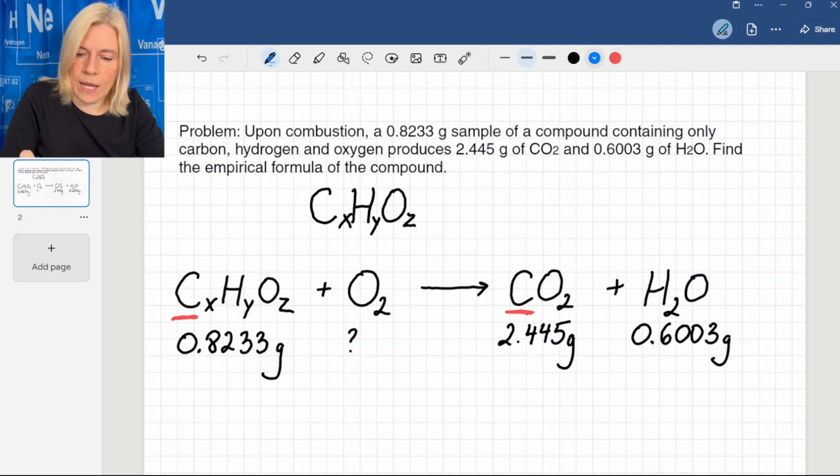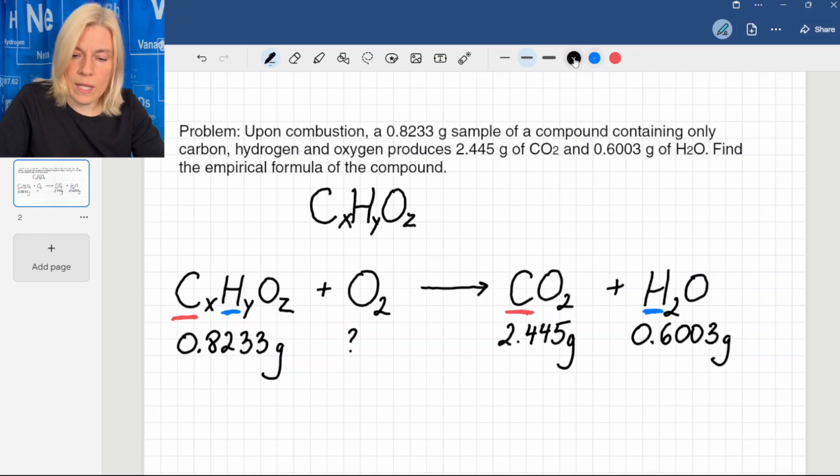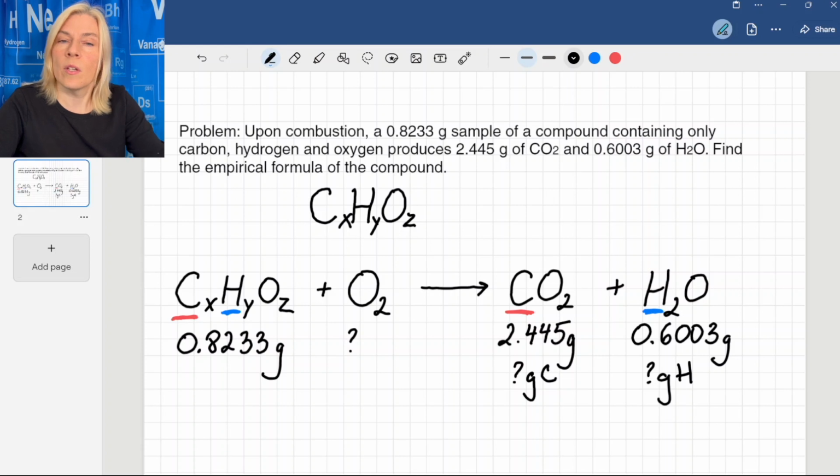And then we realize that this hydrogen in water could only come from this hydrogen in the sample also. Oh, so now I can do stoichiometry and figure out how many grams of carbon are in this sample, and how many grams of hydrogen are in this sample of water. Once I know that, I can go to the next step.